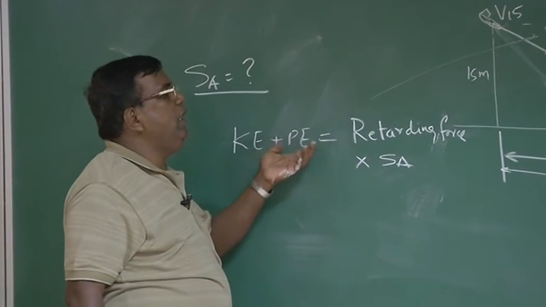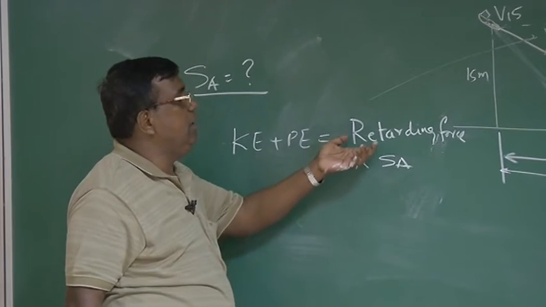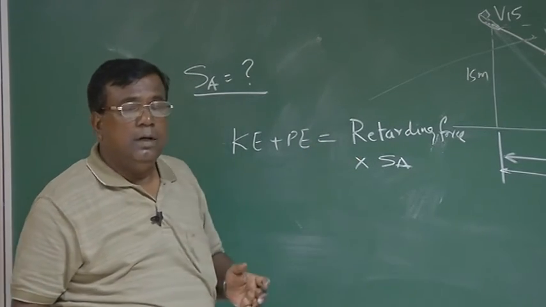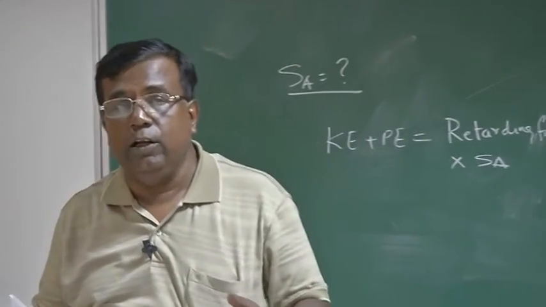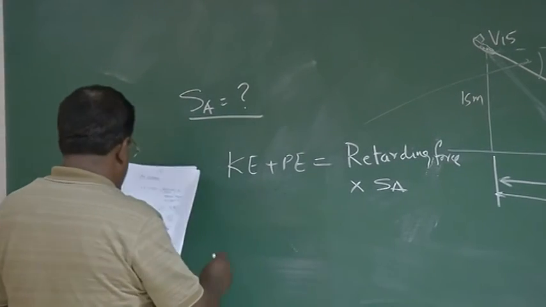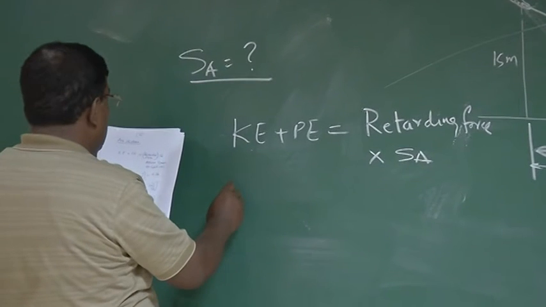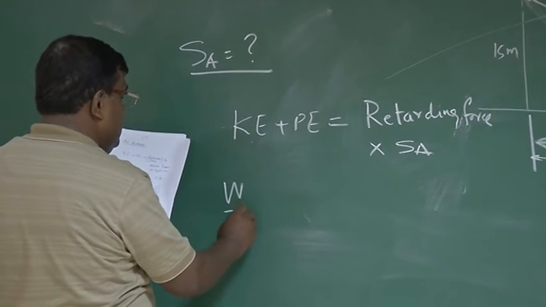You're assuming the whole energy is going into this, the whole energy is used by the retarding force. Yes, it is exactly not. A lot of other sources are there. The energy is getting dissipated. But the major part is this. Okay? So now if I use this equation, what I get? I get kinetic energy half mv square. So it is, I say W by G is m.